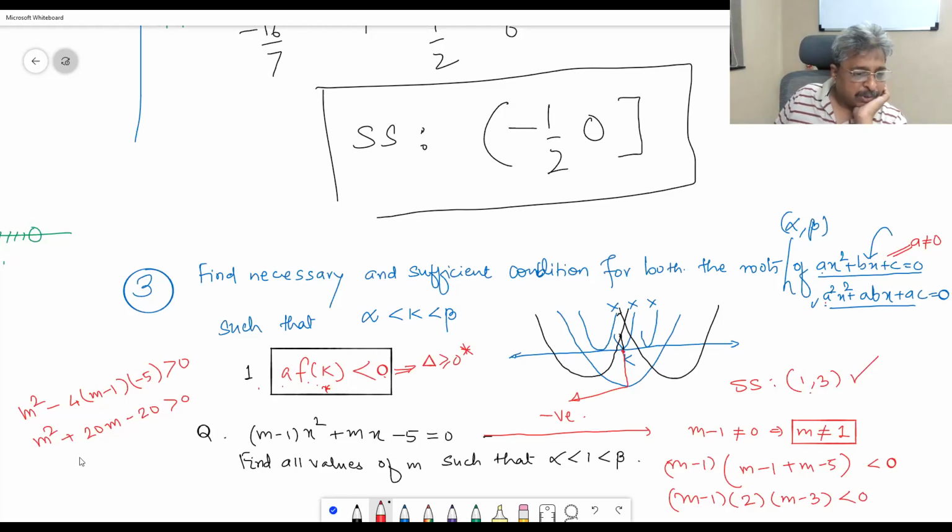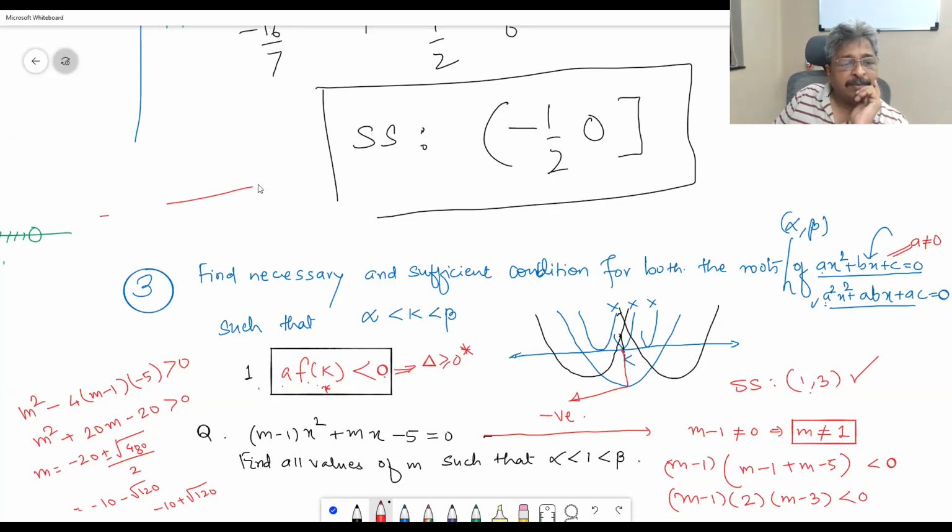So what is the solution set of this? m is equal to minus 20 plus minus under root 480 upon 2, which is minus 10 minus root 120 and minus 10 plus root 120. Okay, so these are the 2 values.